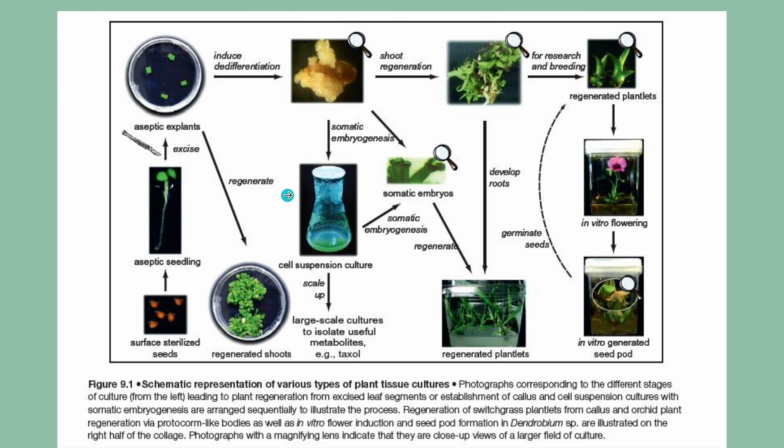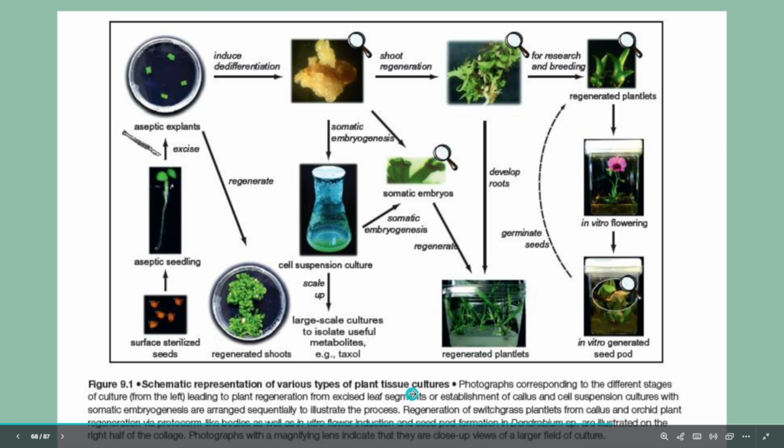So in plant tissue culture, you can imagine that scientists play around with the chemical nutrients of the plant. You can adjust any chemical nutrient or hormone that you want to achieve the desired objective.